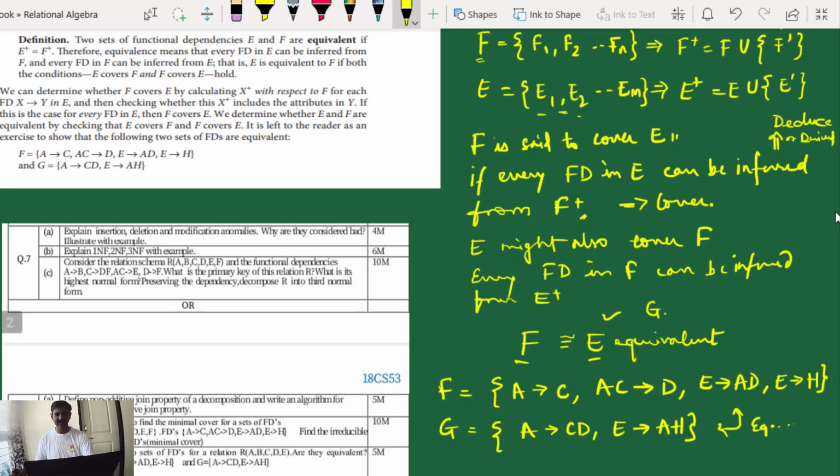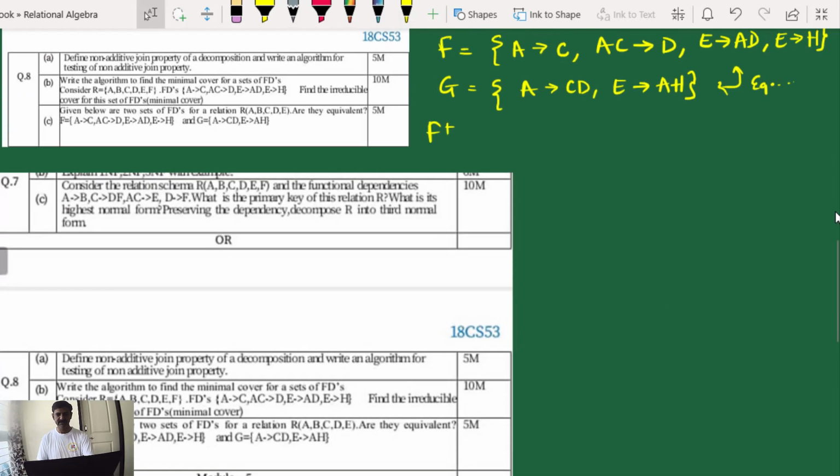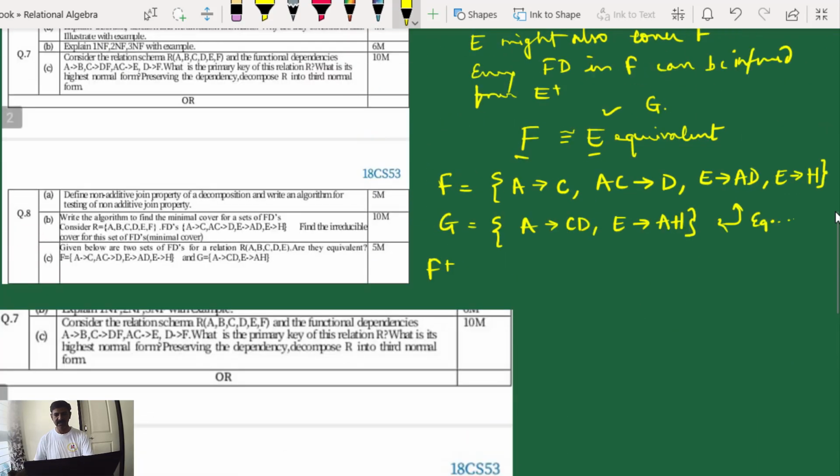The way to do that is you first find out F plus. You are given F. What are the other functional dependencies you can derive from F? From A arrow C you cannot derive anything alone, but from AC arrow D, we apply the pseudo transitivity rule. If you remember, we had X arrow Y and WY arrow Z, so we could replace Y by X, and WX arrow Z is what we got. A similar situation is here.